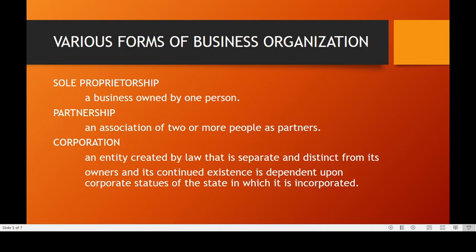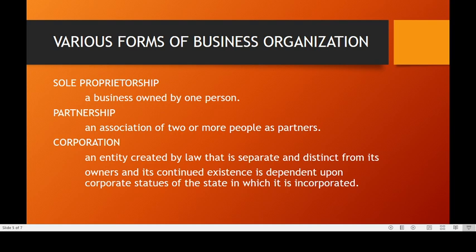Now, take note, usually under the Corporation Code of the Philippines, corporations incorporated here in the Philippines may have an existence of only up to 50 years, but it is renewable. Unlike sole proprietorship and partnership, whose life is unlimited, because it will depend on the partners or on the proprietor when to stop the business.